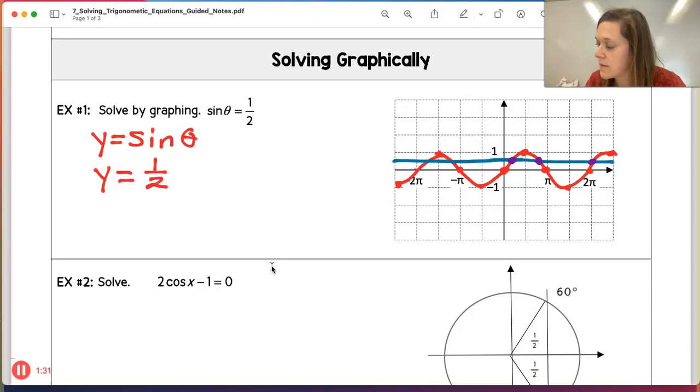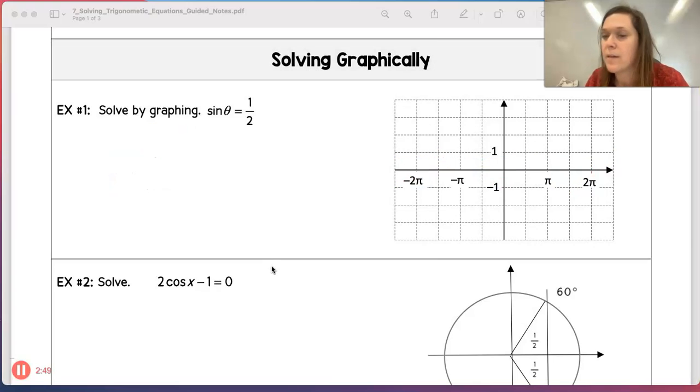So here, here, here, and here, and so forth. For this case, we're just looking from 0 to 2 pi. Are we including 2 pi? No, it's not at 2 pi comma 1/2. Remember, 2 pi is at 0. That's an intercept there.